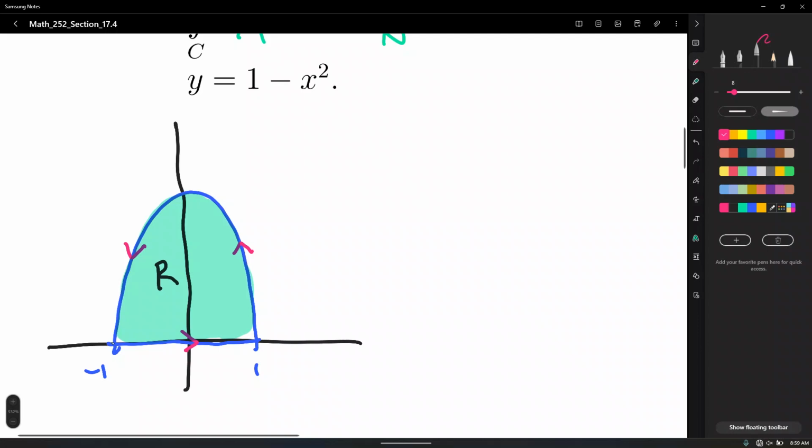Now, what are we doing? These arrows in red denote what we call the macro circulation, right? Macro circulation. That is the circulation in the boundary. But in this case, by evaluating the double integral over the planar region R, this is what we're doing. Do you see all these infinitely many points in the region?